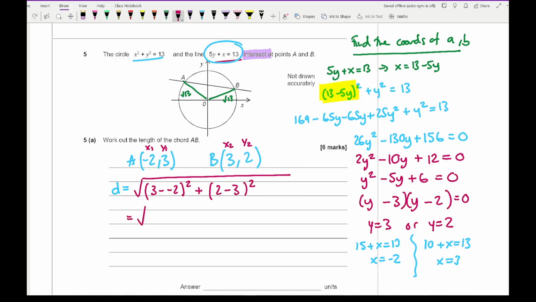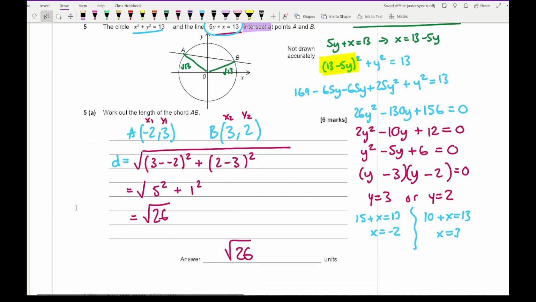So what I end up getting is 5 squared plus 1 squared, which is going to give me the square root of 26, and that should give me the answer to what I'm looking for, which it does. So the length between A and B is root 26.